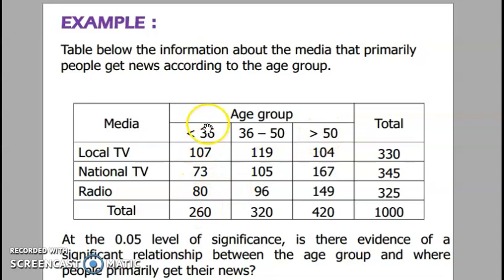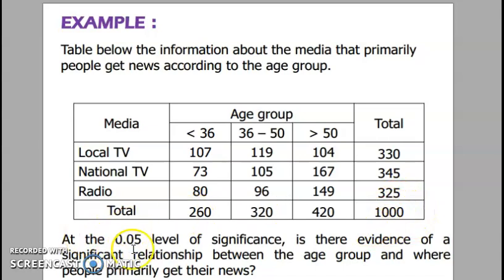The total for the first age group column is 260, the second is 320, and the third is 420, and so we have the grand total, which is 1000.